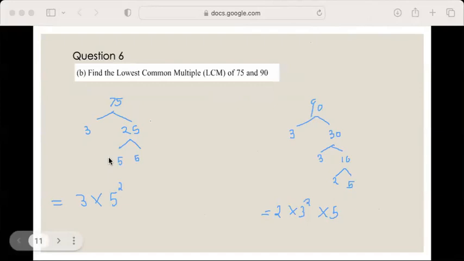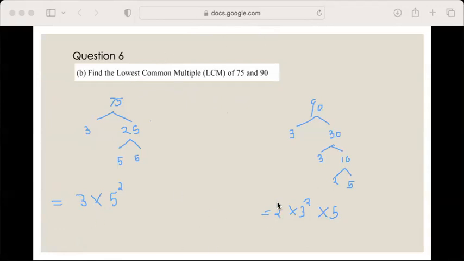Right, now let's do part B of the same question, which says find the lowest common multiple of 75 and 90. Since we have the factors, 75 is 3 and 5 squared, and 90 is 2, 3 squared, and 5. For lowest common multiple, we take the highest of the factors.